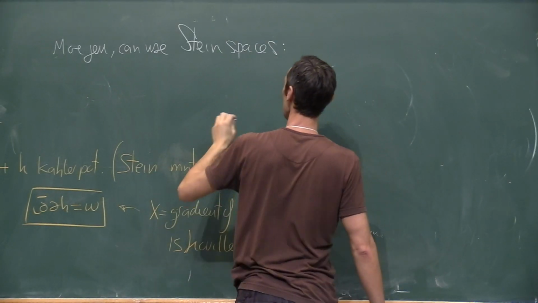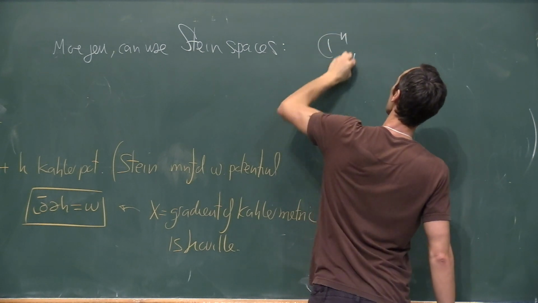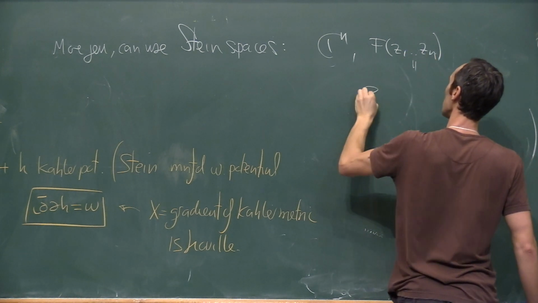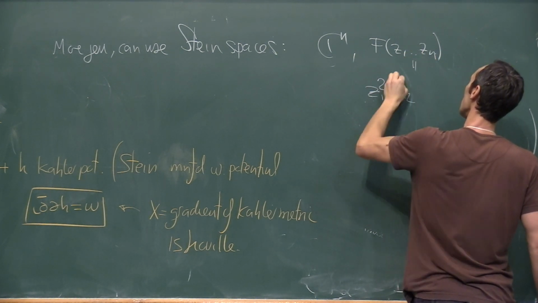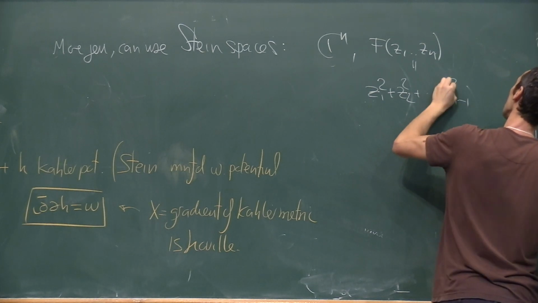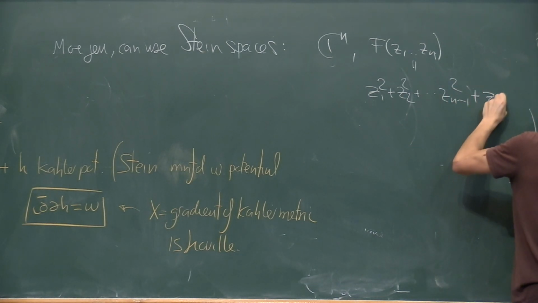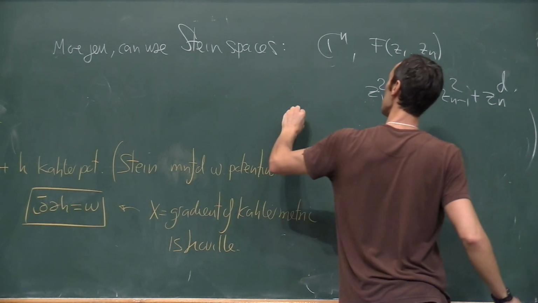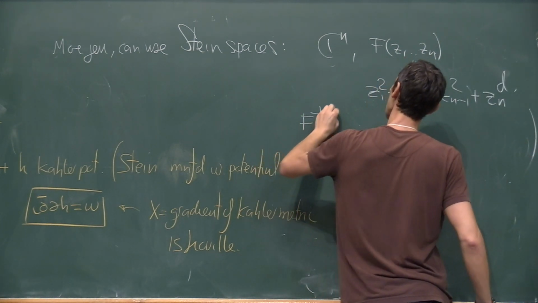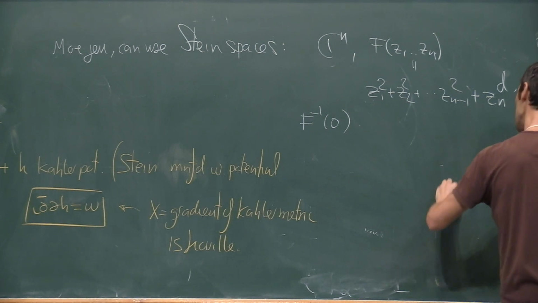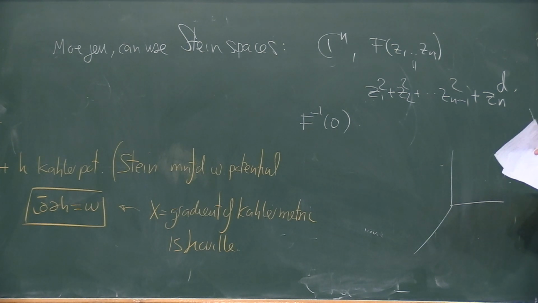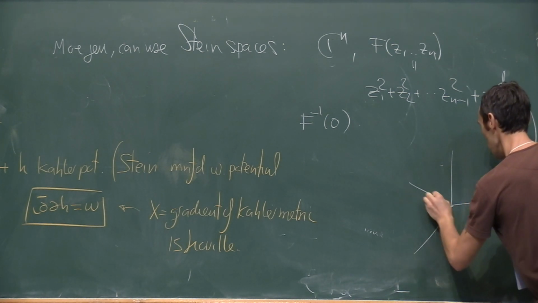And the classical example is in C^n, take, for example, a function which has an isolated singularity at the origin. So what you can do is take the inverse image of the origin, and what you will see is something like that. So again, 0 is not a regular value, so that's not a complex hypersurface. There is a singularity here, so maybe we do the picture like this.